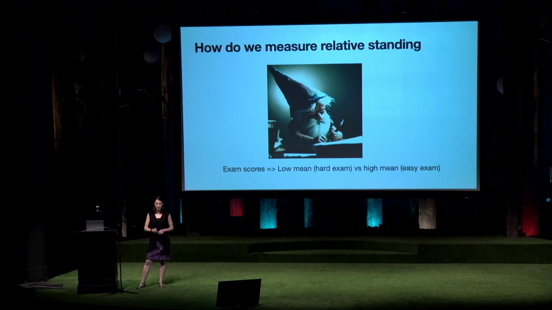And we understand relative standing best. I think we understood this when we were taking exams. If you took an exam and the mean was really, really low because it was a really hard exam, it didn't matter that you scored low. What mattered is how well you scored with respect to everyone else. And same thing with an easy exam with a high mean.